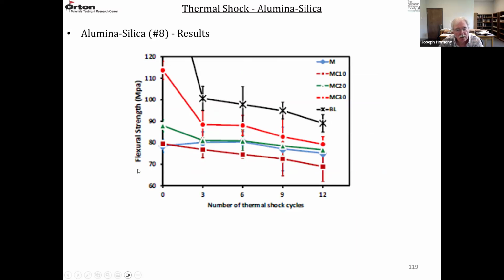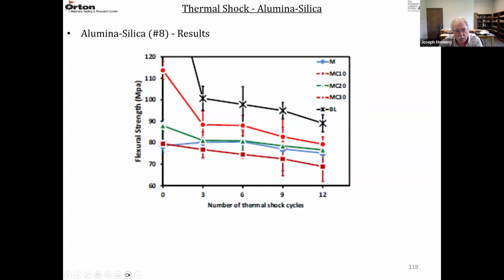So flexural strength versus the number of quench cycles. This one, the black curve for the corundum, this actually is not on this plot. It should be up here around 200, close to 200. When it went more than 3 cycles, it really fell off in strength. And then the blue is the mullite.